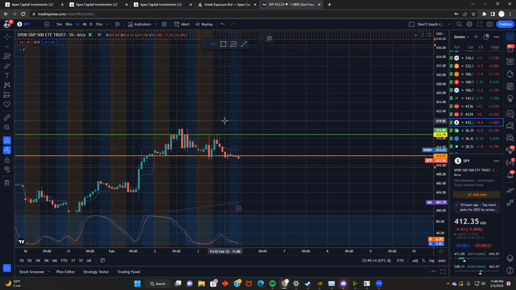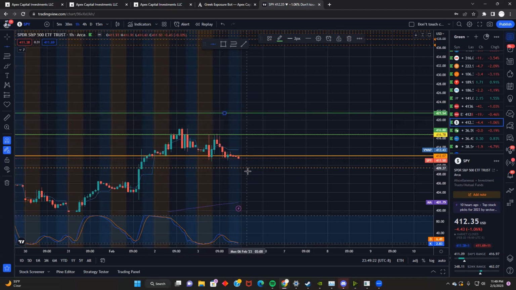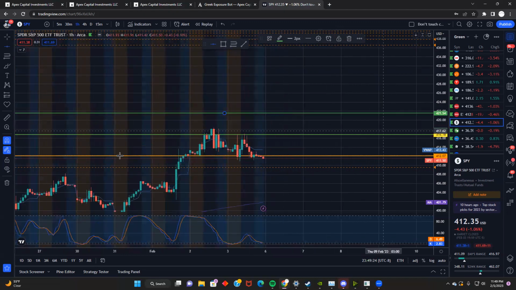So I can look for that 421.53 or just under it, and I'll mark that as the implied move upper target. With the lower target, what I'll do next is subtract $4.73 from 412.07.